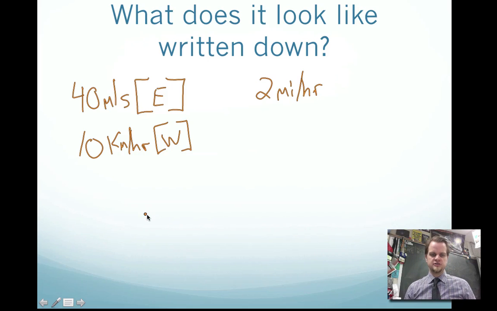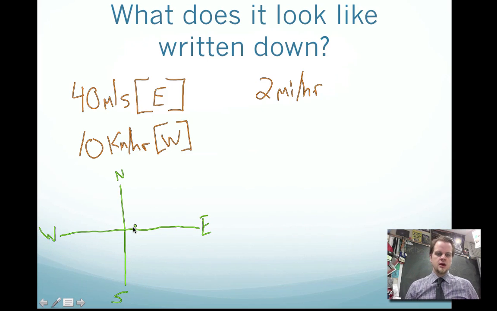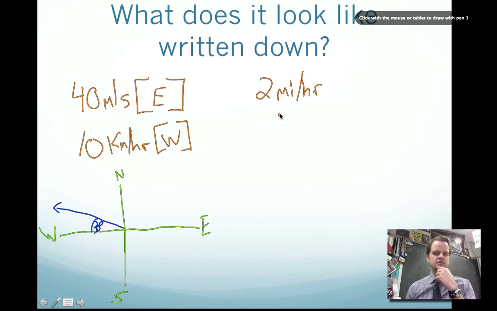But in this case, let's say it was a special case where, if we have a little compass here, and you've got north, east, never eat soggy worms, okay? And let's say this person is going, I don't know, this direction. Okay. And let's say this actually makes a 30-degree angle. What you could do is write this.